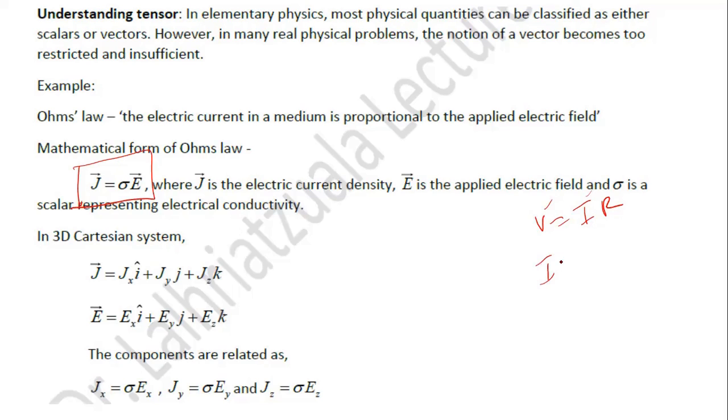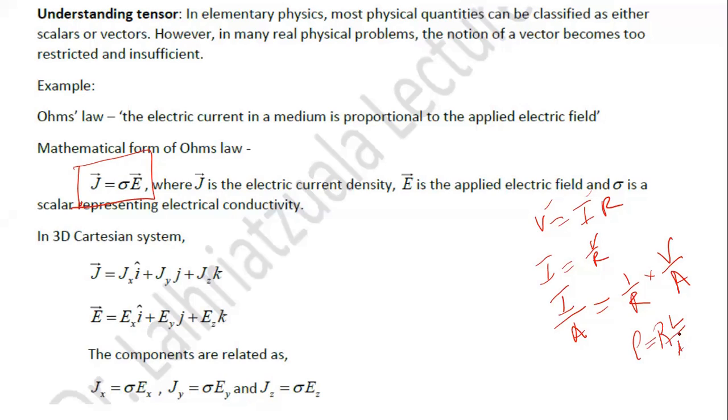Then you can write I as V upon R, and you can divide with the cross-sectional area, 1 upon R into V upon cross-sectional area. And you can write R in terms of resistivity again.